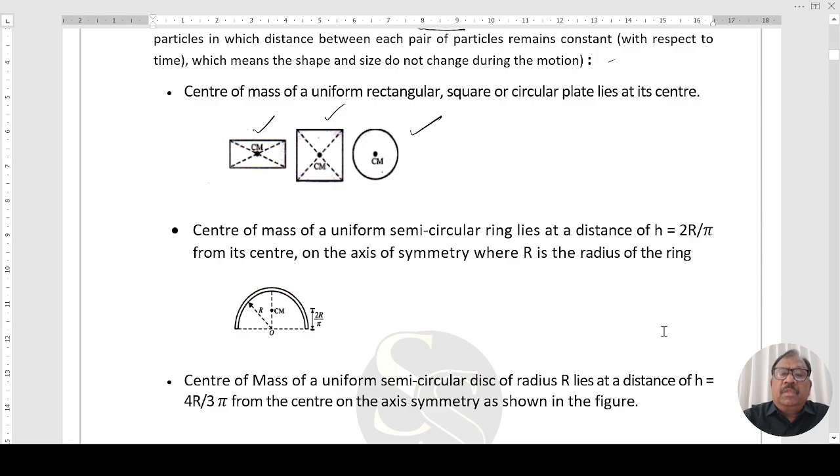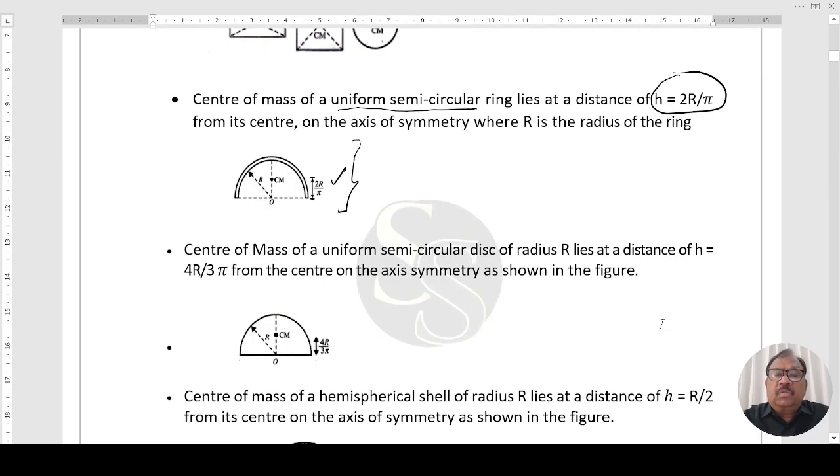Next, for a uniform semicircular ring, the center of mass lies at h equal to 2r upon pi. Center of mass of a uniform semicircular disk with radius r lies at a distance h equal to 4r by 3 pi.